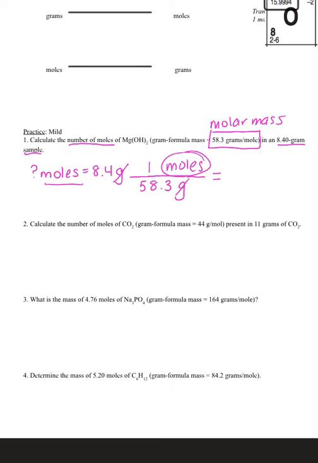Now I can calculate. Everything on the top gets multiplied. Everything on the bottom gets divided. So 8.4 times 1 is 8.4. And 8.4 divided by 58.3 is 0.144. And the unit is moles.